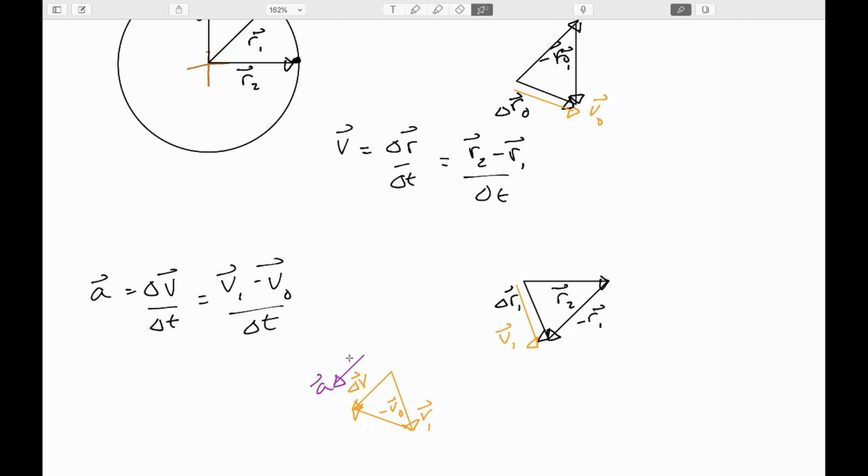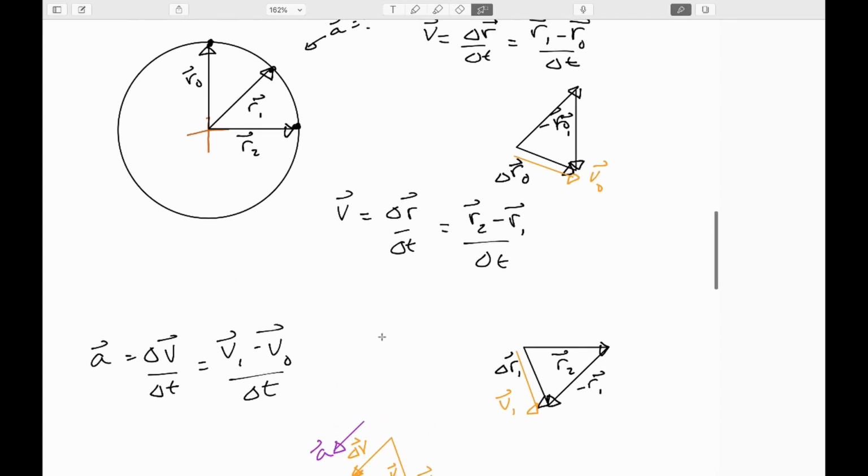Let's see where our acceleration ended up pointing at that point. If I put it back on the diagram, we see that it points bang back to the center of the circle.